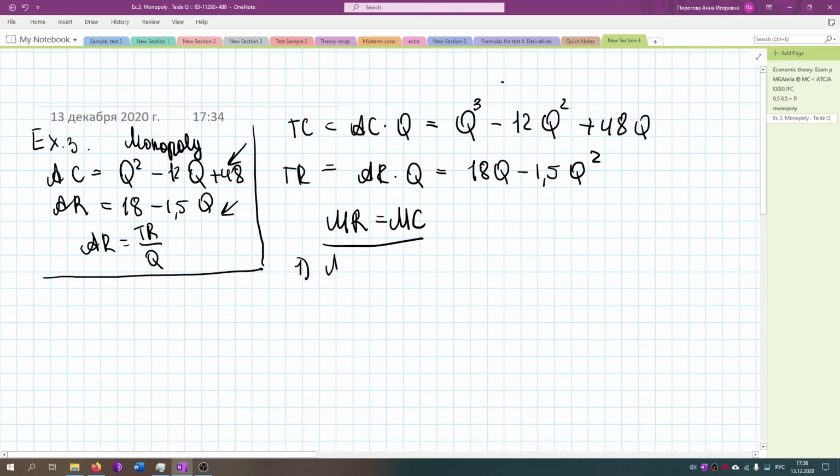Let's find our marginal cost. As you remember, it is the derivative of total cost, so we take the derivative of this function. 3Q squared minus 24Q plus 48.